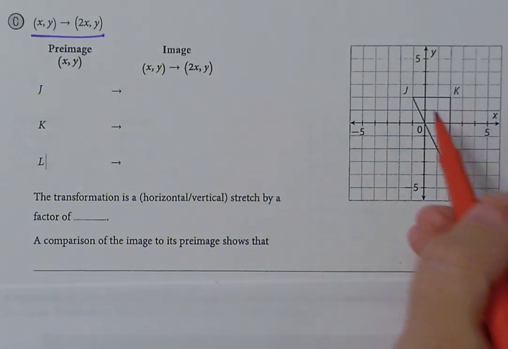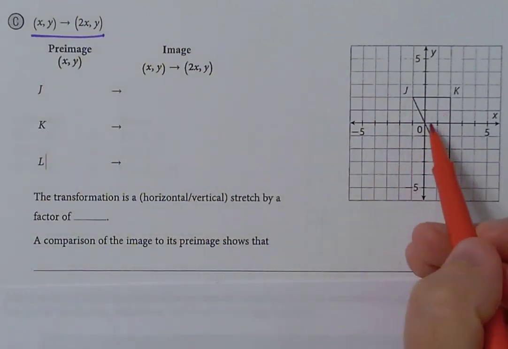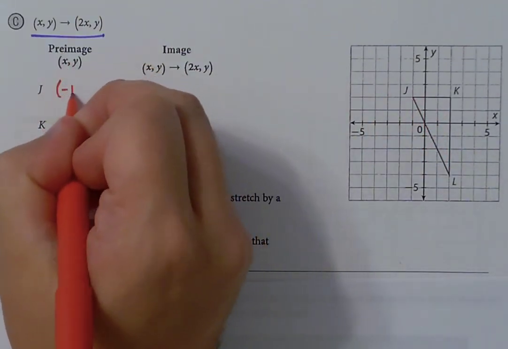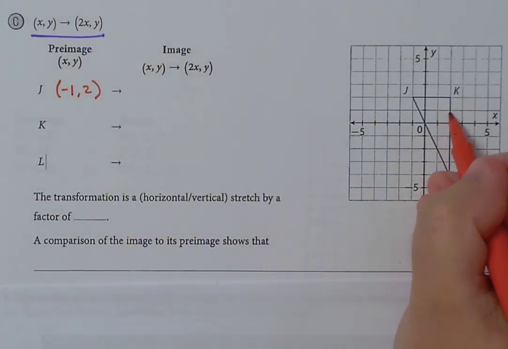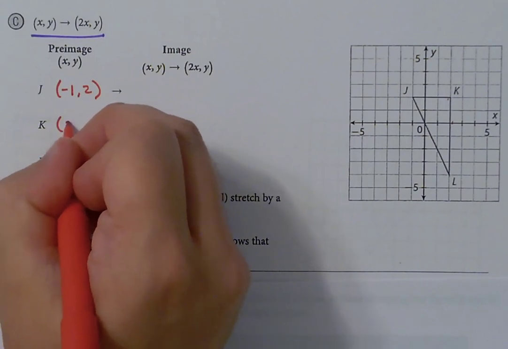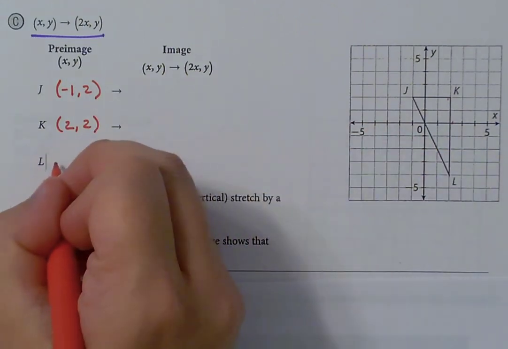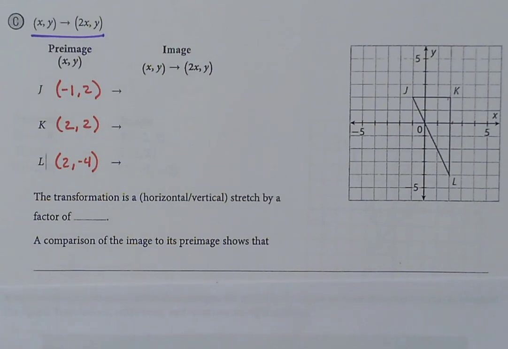So if we look at our pre-image triangle, point J is at -1, 2. Point K is going to be at 2, 2. And L is going to be at 2, -4.